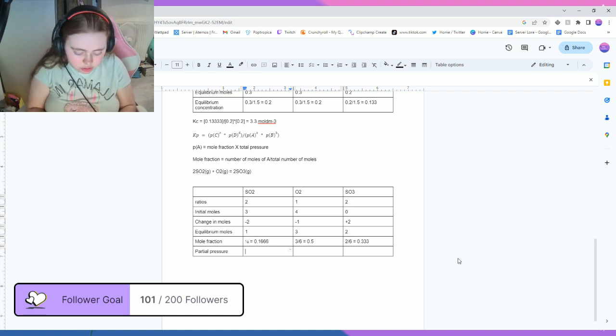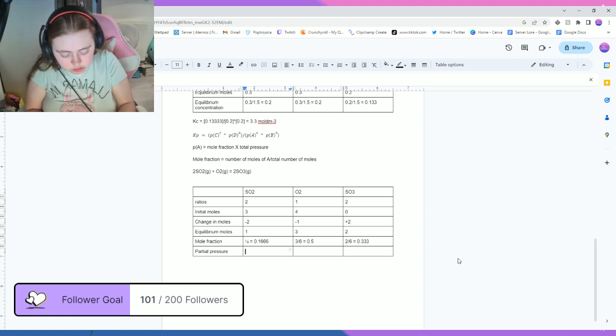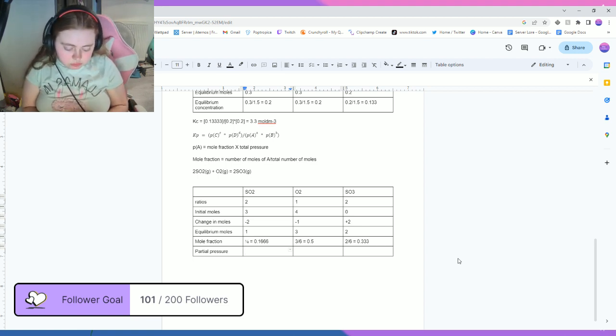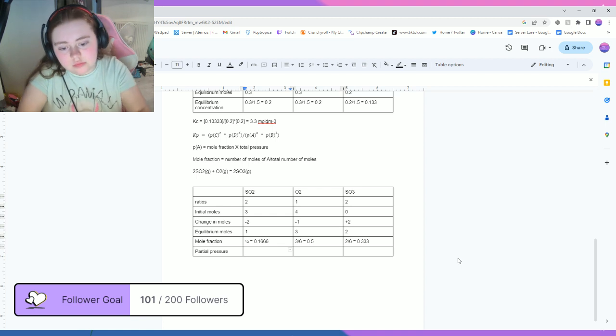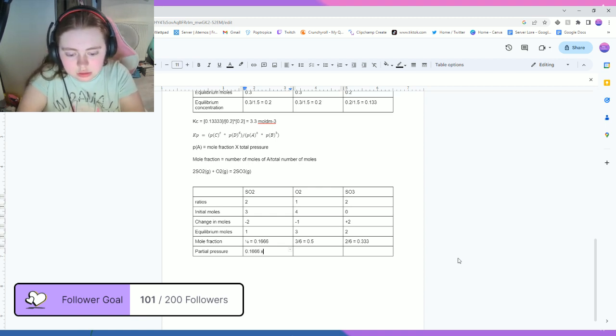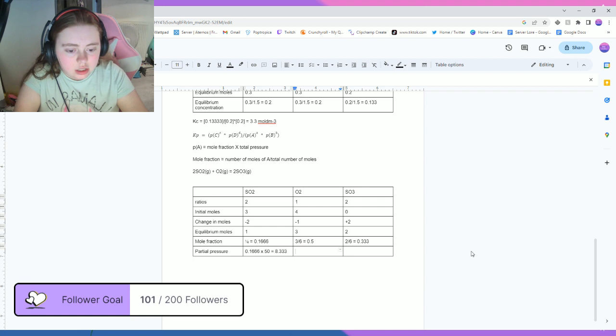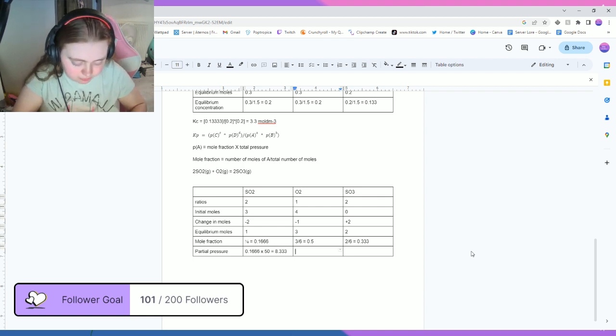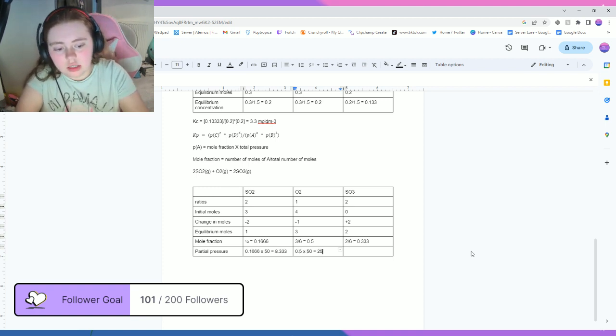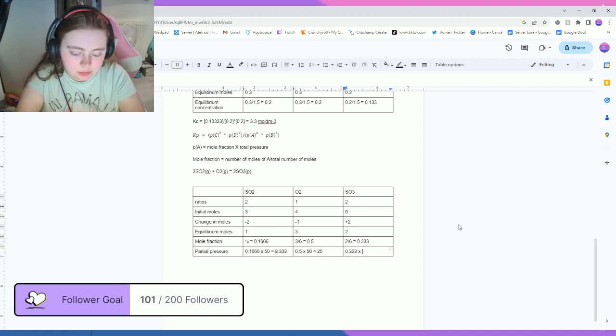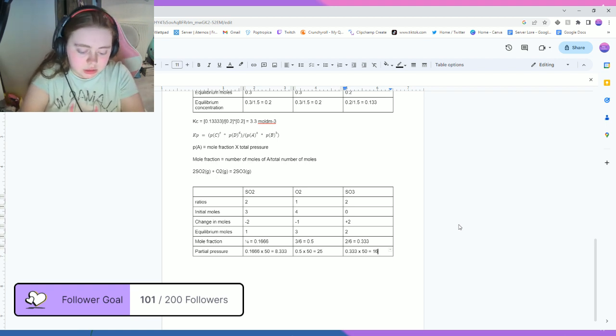So what we need to do is 0.166 recurring times 50, which is 8.333 recurring, and then 0.5 times 50, which is 25, and then 0.333 times 50, which is 16.666 recurring.